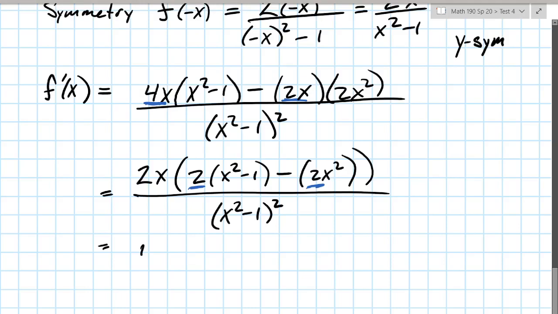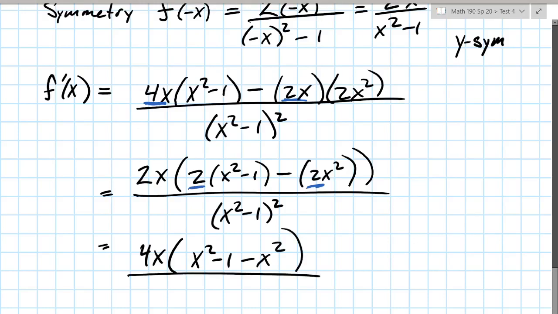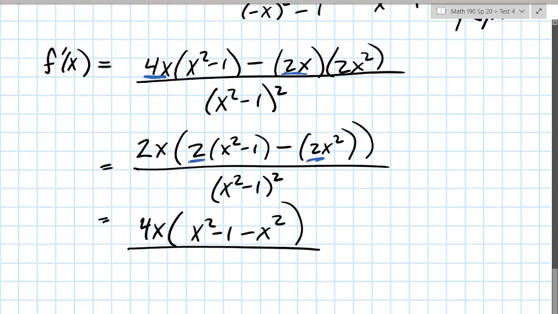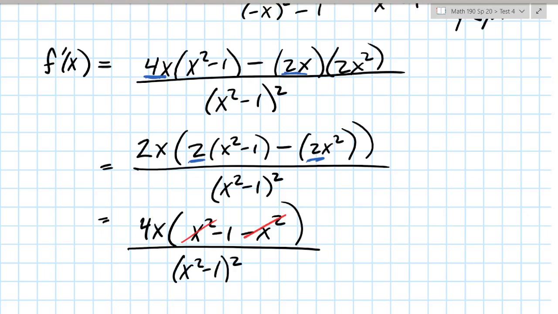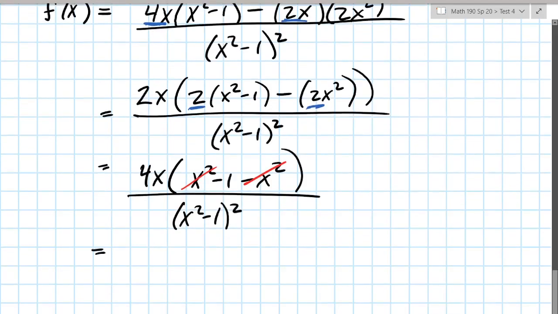So we have 4x, x squared minus 1 minus x squared over x squared minus 1 squared. Combining like terms, we have a positive and a negative x squared. And we are left with 4x times a negative 1, which is negative 4x, divided by x squared minus 1 squared.